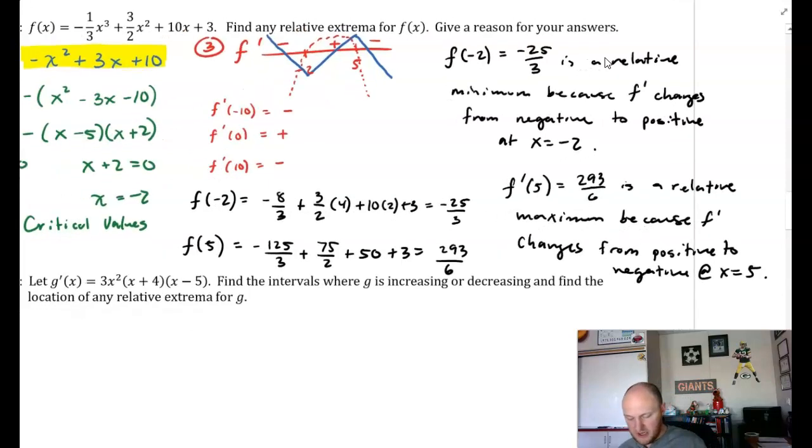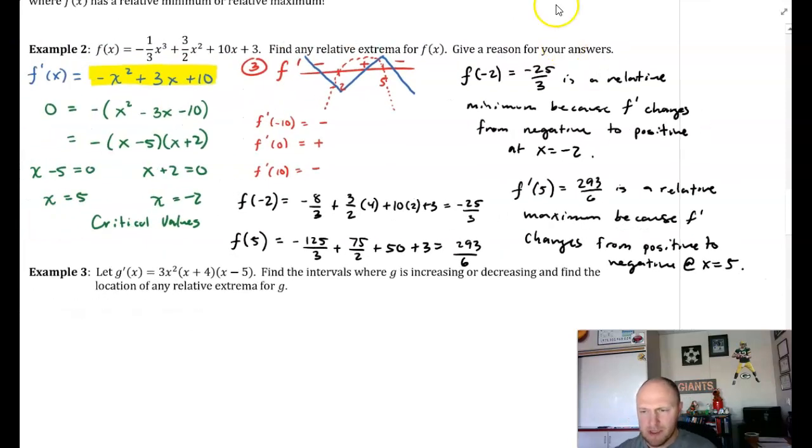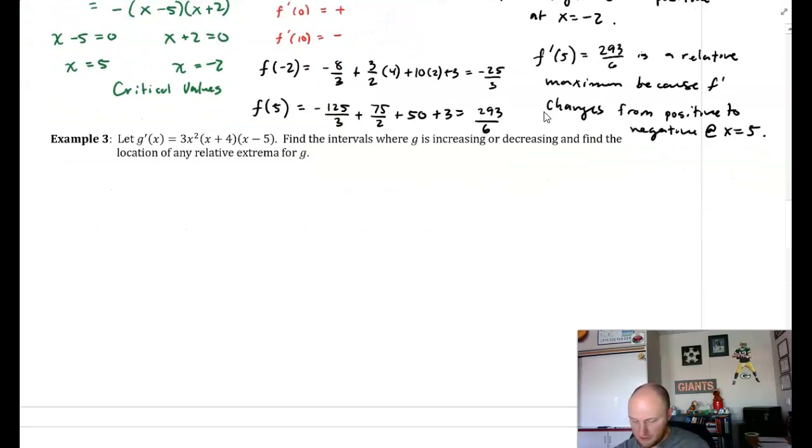Okay, and there you have it. There is your extrema. Okay, and again, if they asked you if it was increasing or decreasing, you could easily tell this because you have that information.